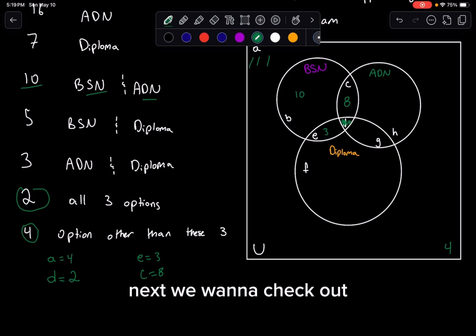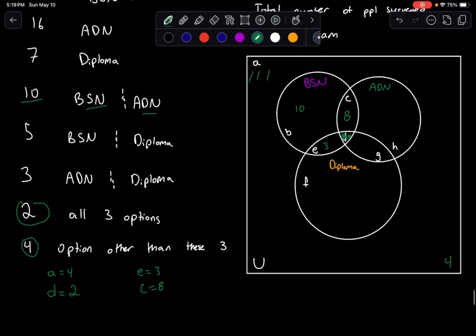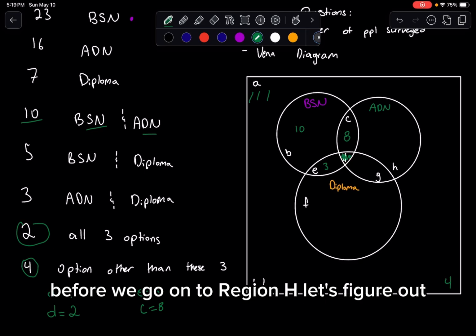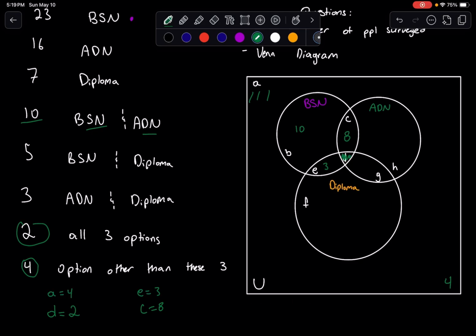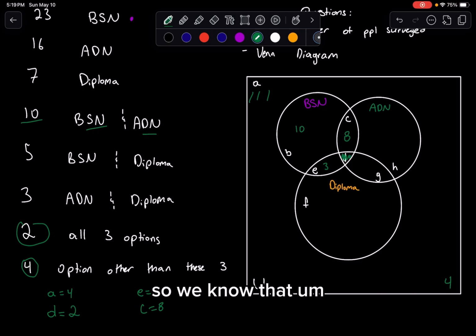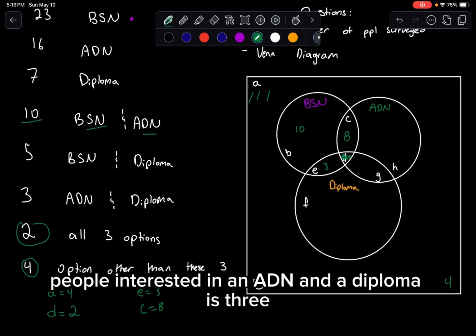Next, we want to check out region H. Before we go on to region H, let's figure out some other data so we can figure out region H. So we know that people interested in an ADN and a diploma is 3.